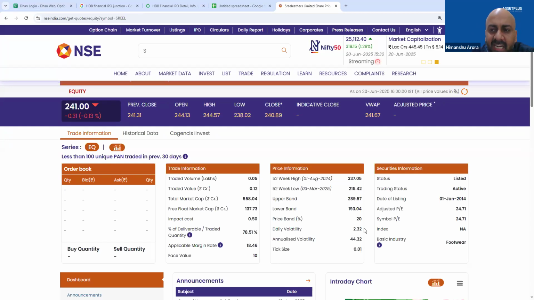Okay, I'm recapping the bands for everyone's benefit here, and then I'll take the questions if you have any. So what are bands? Bands are basically a predefined set of levels beyond which a stock will not go today. For example, yesterday's closing price was 240.89.